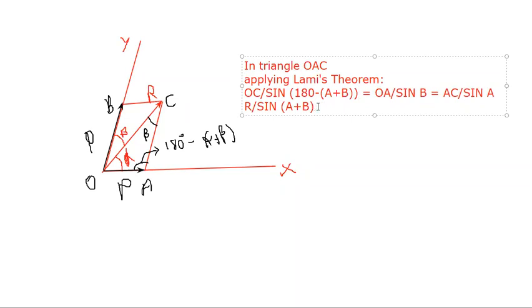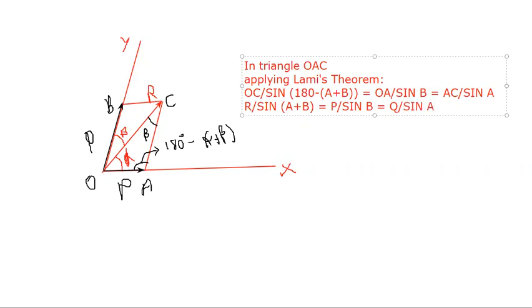Do you know this? Have you learned this thing in maths? No, you will learn in coming days. Associated angles. So if you don't know, you can write sine 180 degree minus alpha plus beta is sine alpha plus beta only. So R by sine alpha plus beta is equal to OA, which is P, P divided by sine of beta, that will be equal to AC, means Q divided by sine alpha.